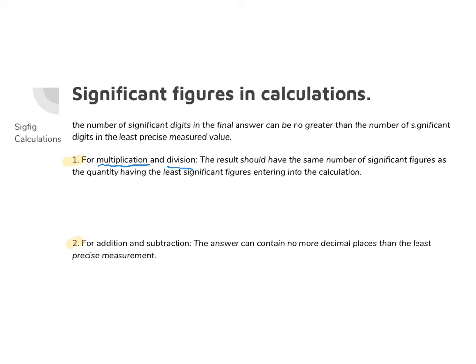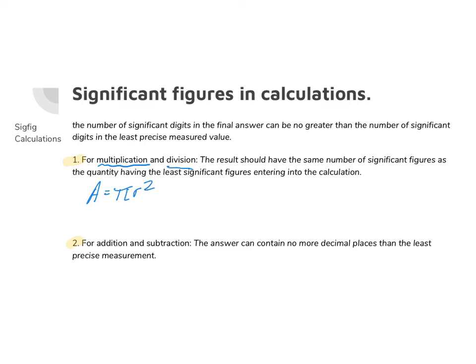Here, I'll go ahead and give you an example. So, if we are calculating the area of a circle, we would use the equation area equals pi r squared.